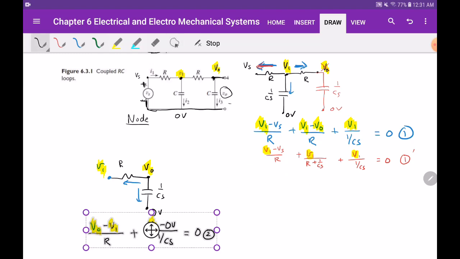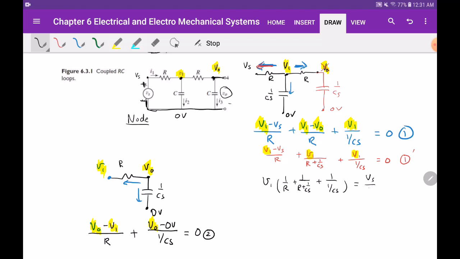So you have V1 as a coefficient of 1 over R plus 1 over (R plus 1 over CS) plus 1 over (1 over CS), equals, now I'm going to move the terms that don't have a V1, which is Vs divided by R. Let me simplify.